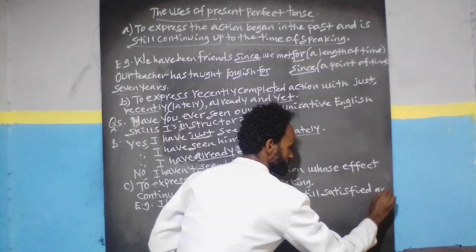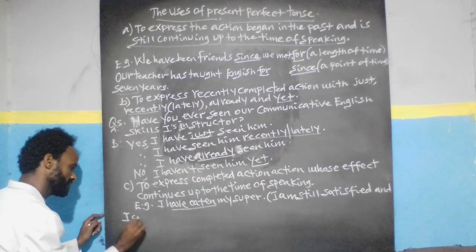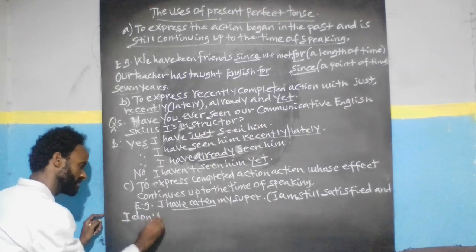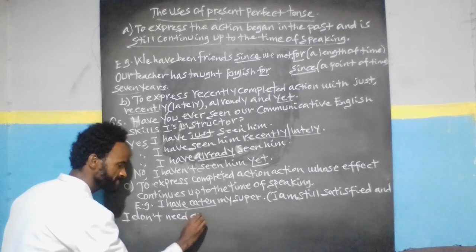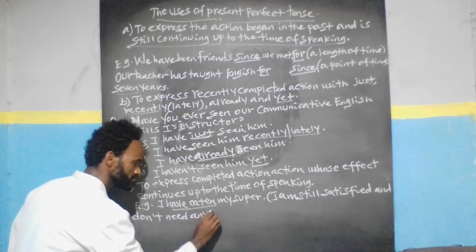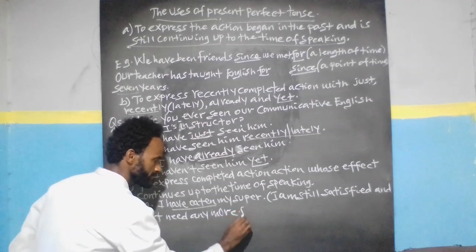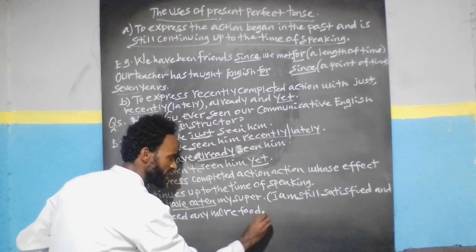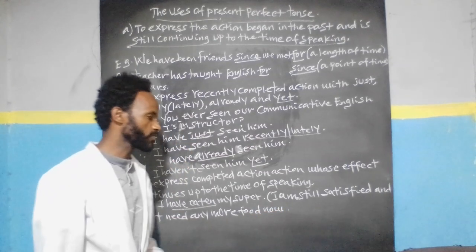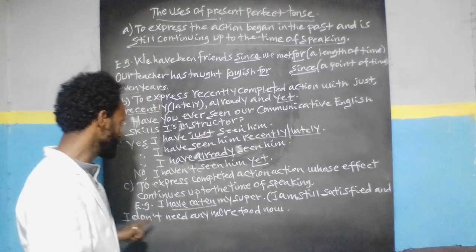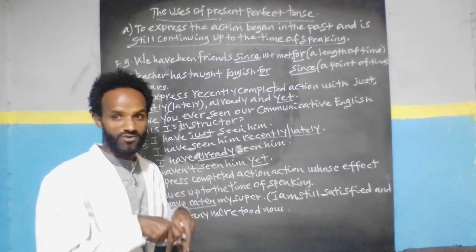And I don't need any more food now. So the result or the effect of this one is that I am still satisfied and I don't need any more food at this moment, right now.